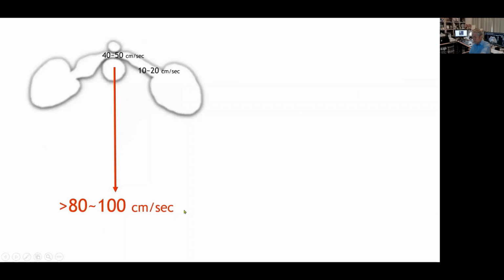If the peak flow velocity at the aorta mesenteric left renal vein is higher than 80 to 100 centimeters per second, which is twice the normal velocity, 40 to 50 centimeters per second, we may make a diagnosis of Nutcracker phenomenon.